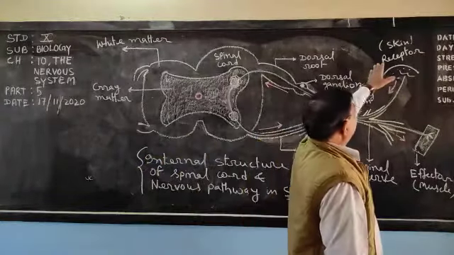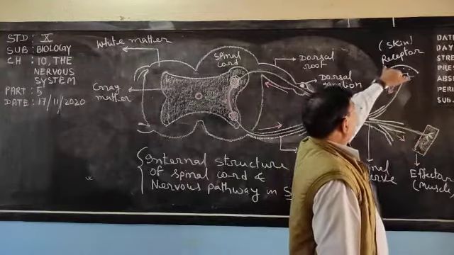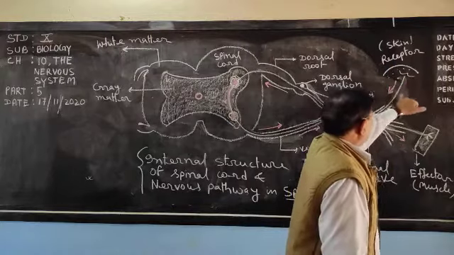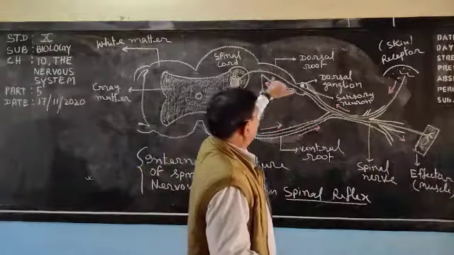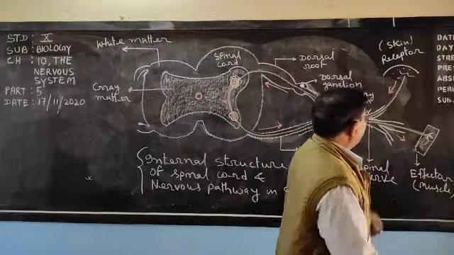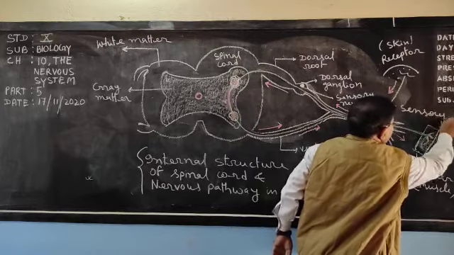Here one sense organ I am showing, that is skin. So this is the receptor, and this green colored dash, what you are seeing, is the sensory neuron. Very clear.